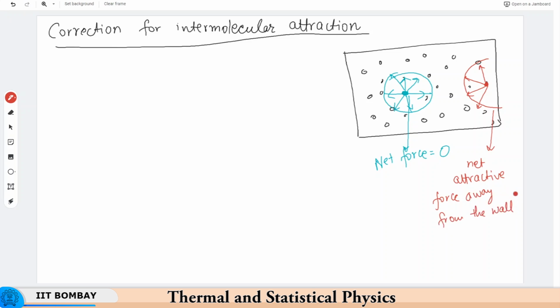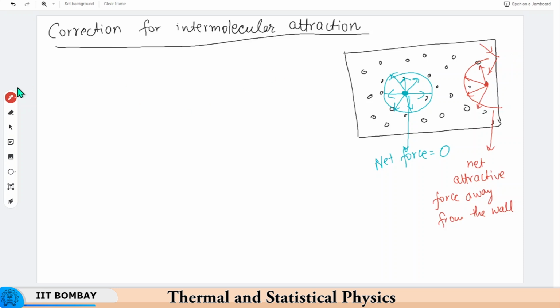And you can now imagine how that changes things. Remember, we were assuming these gas molecules go and hit the walls of the container. But since for this typical gas molecule very close to the wall there is a net attractive force keeping it away from the wall, the pressure of this gas will go down, because it's not really hitting the wall with the same momentum. All right.